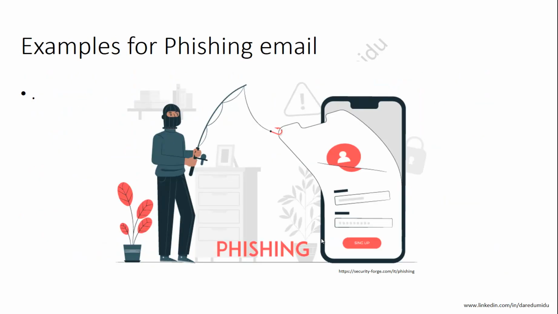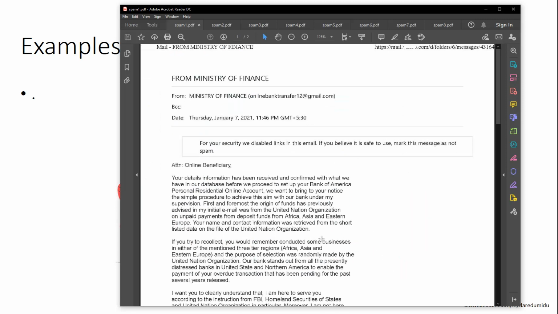I'm going to take you through some phishing email examples. Here I have saved some example phishing emails. The first one says it is from the Ministry of Finance, but we don't know which ministry or which country, no detail at all.